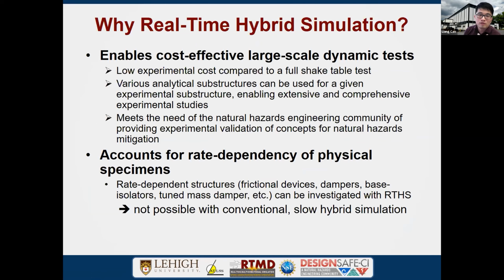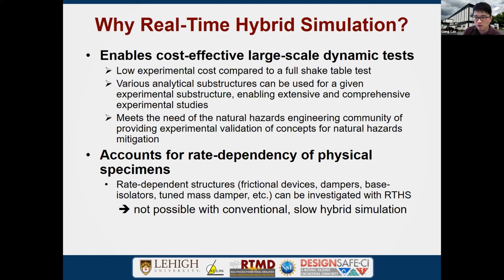So why real-time hybrid simulations? First, real-time hybrid simulations enable cost-effective large-scale dynamic tests. RTHS has lower economic cost compared to a full-scale shaking table test. And by using a single experimental substructure, for example a single damper, you can use it with various analytical substructures.